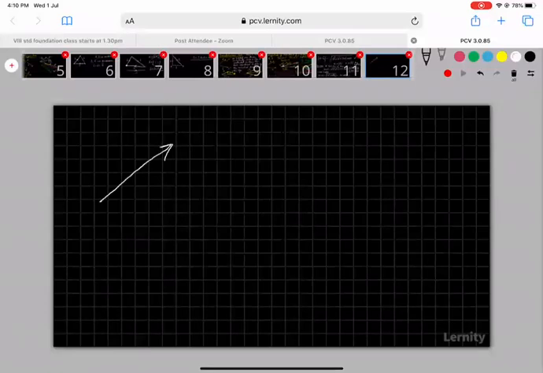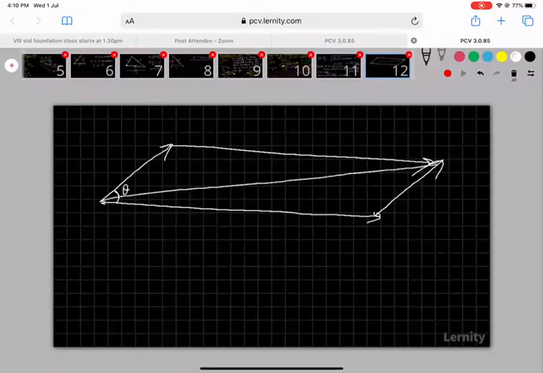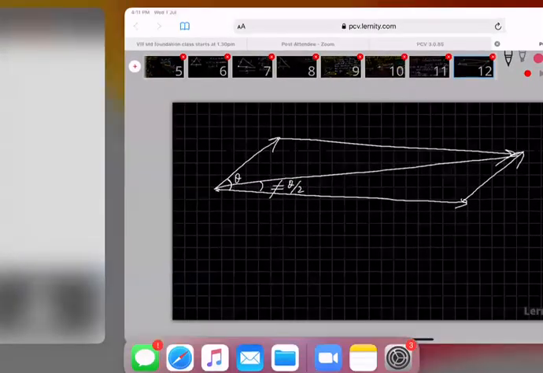If this is a parallelogram, and this angle is, say, for example, theta, and this is the diagonal, this angle is not equal to theta by 2. Remember that. Diagonals of a parallelogram are not angular bisectors.